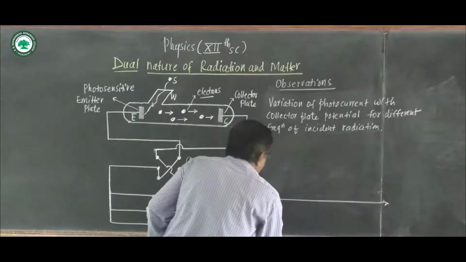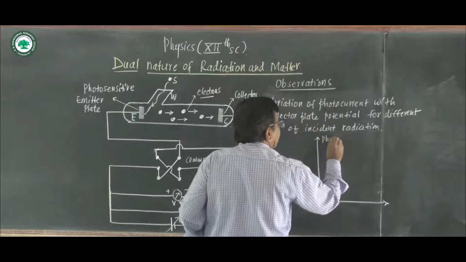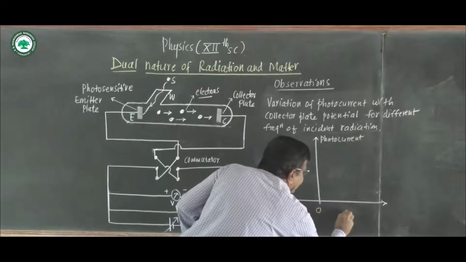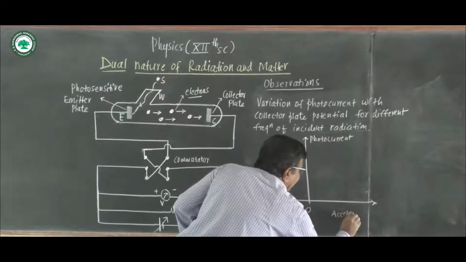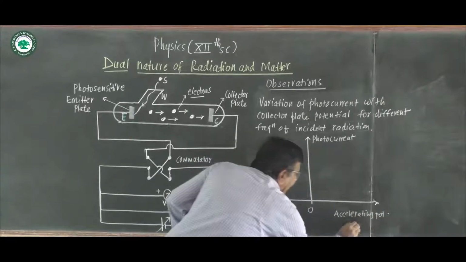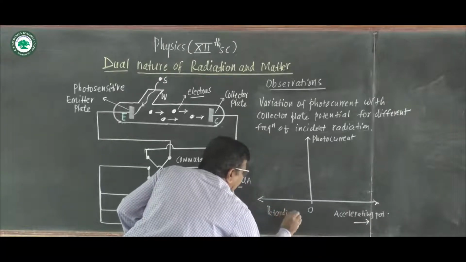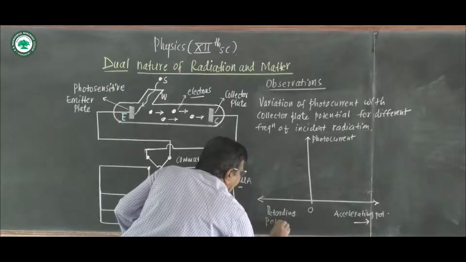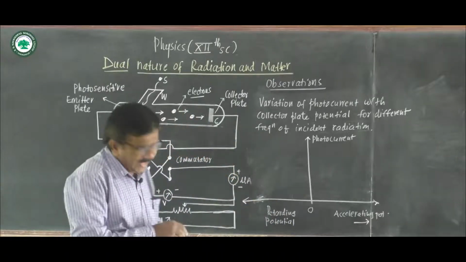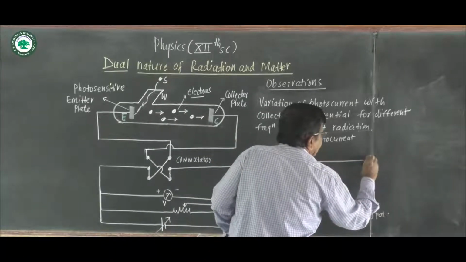See here, potential. This is the axis for photocurrent, or photoelectric current. Here there is accelerating potential towards the positive side. Towards the negative side, there is retarding potential, that is negative potential. And the graph is like this. This I0 is the saturation current.